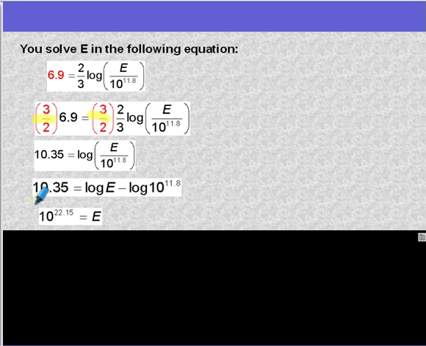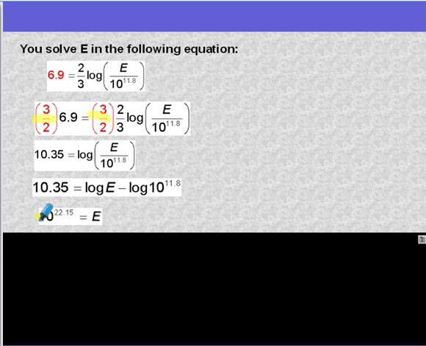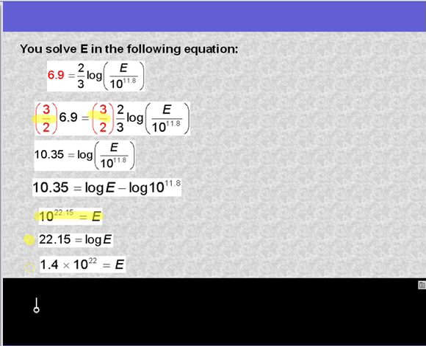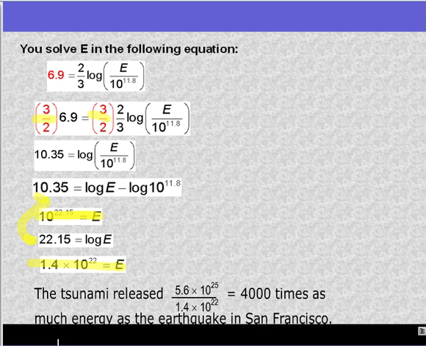So 22.15 is log of E, which we then rewrite as 10 to the 22.15 power. And you can see this is about 10 to the 22nd power. If we did this division, it's about 4,000 times as much energy in that tsunami earthquake, which is a large number, which is why it caused so much damage.